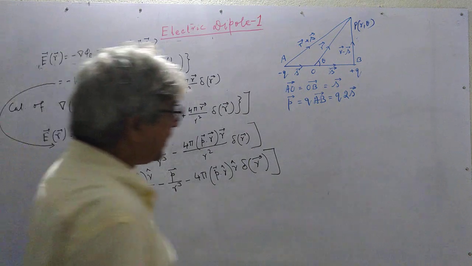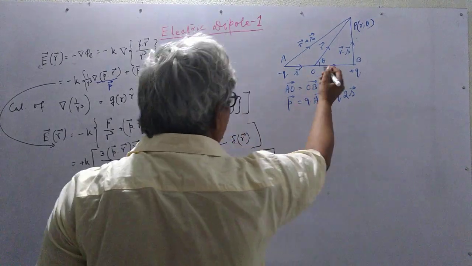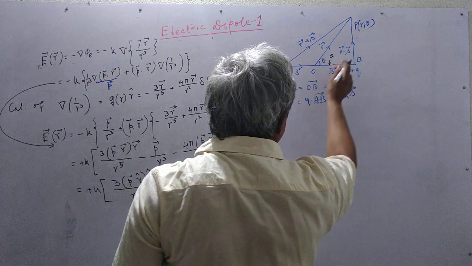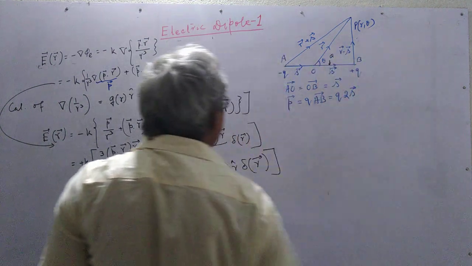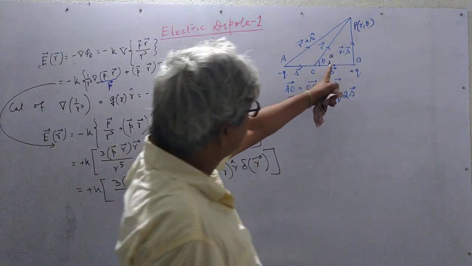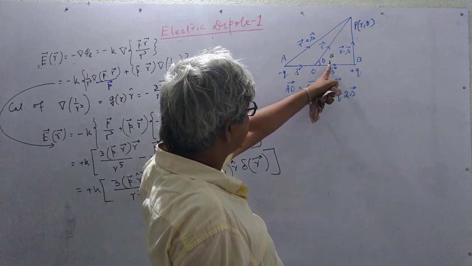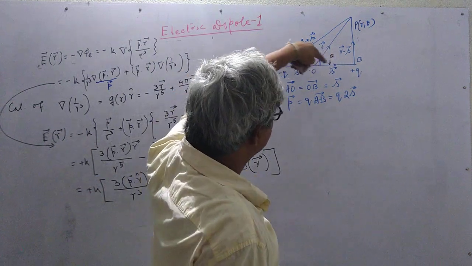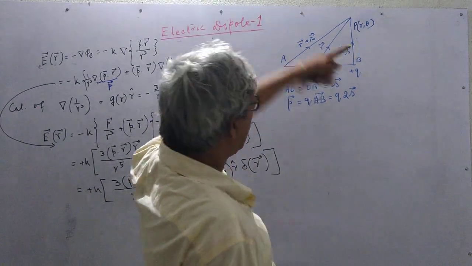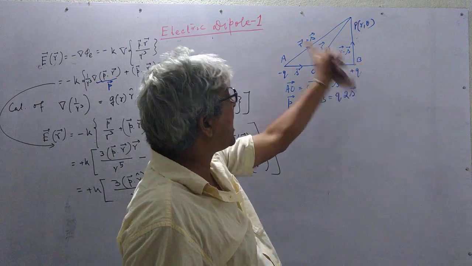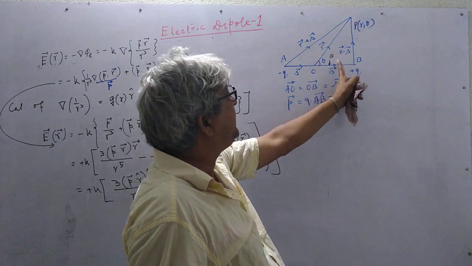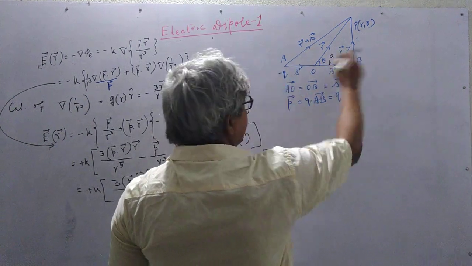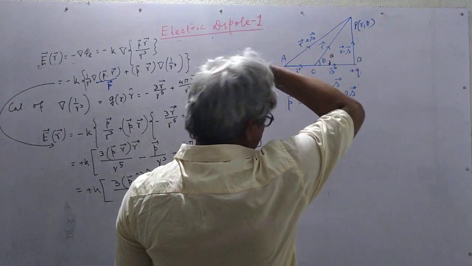Now we consider a dipole as this, and we want to find out the field at a point Q which is at a distance delta to the right of O. At the point Q, if we place a positive test charge, minus Q pulls it in the direction QA, and plus Q pulls it away in the direction BQ. So altogether both the forces are along B to A, that is along the negative p.